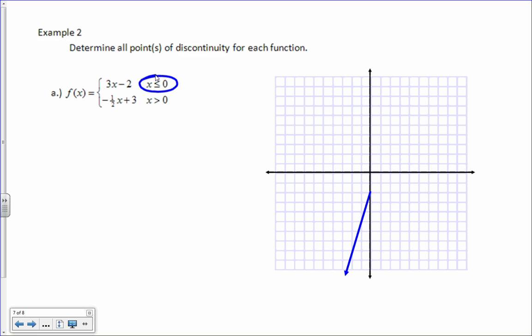And you may notice that this point right here is filled in. Why is it filled in? Why would I fill in that 0, negative 2? It's because of that equal to on there, correct? How about this other one? It has a y-intercept of 3, just that graph, right? And a slope of negative 1/2.